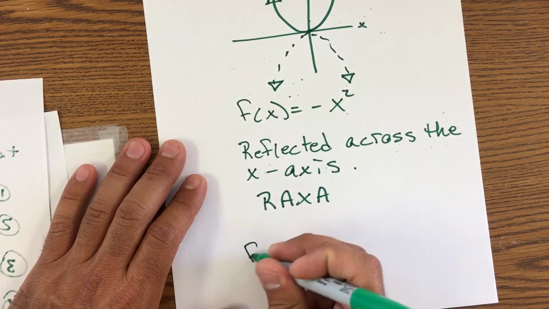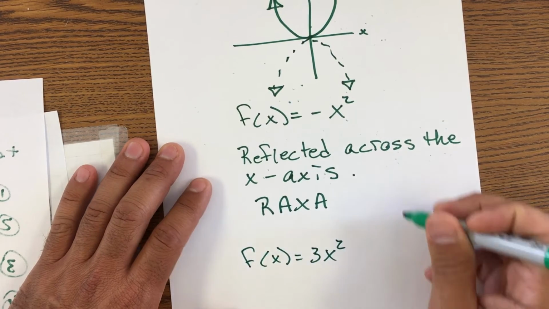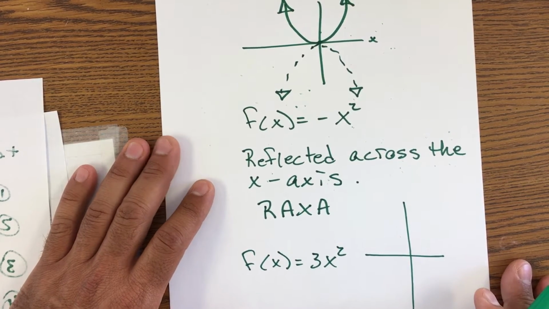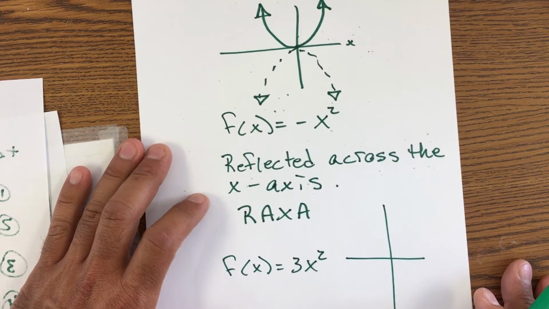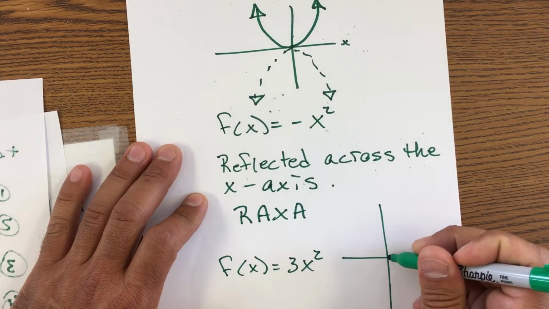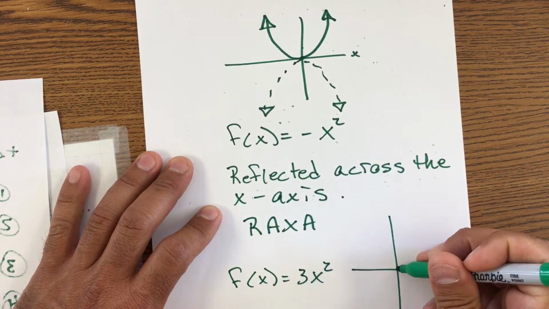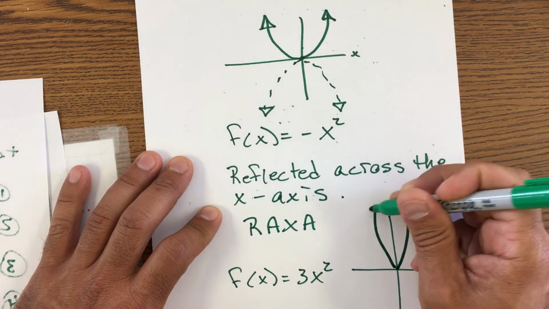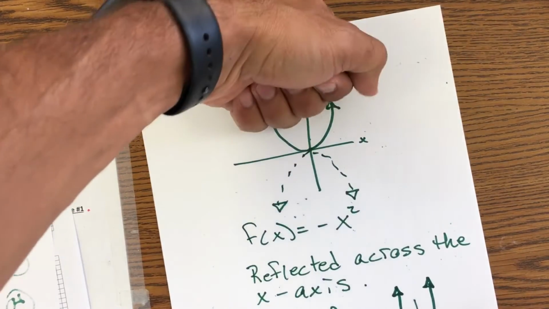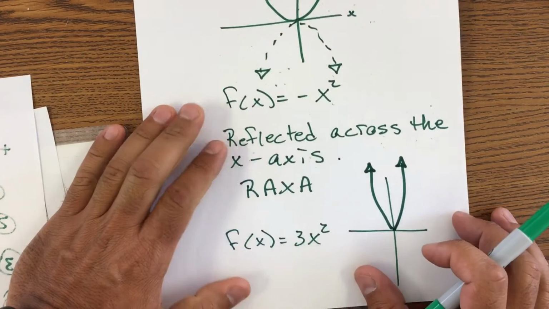Now if I change it so it says this, that's like a slope. It's not technically the slope, but it's like a slope that's 3 times bigger. So you know that when the slope gets bigger, it gets steeper. So what's gonna happen here is instead of being like this one, it's gonna be really, really steep. It's gonna be like this. And what we say that happened here is I grabbed it vertically and I stretched it, and that made it really skinny.